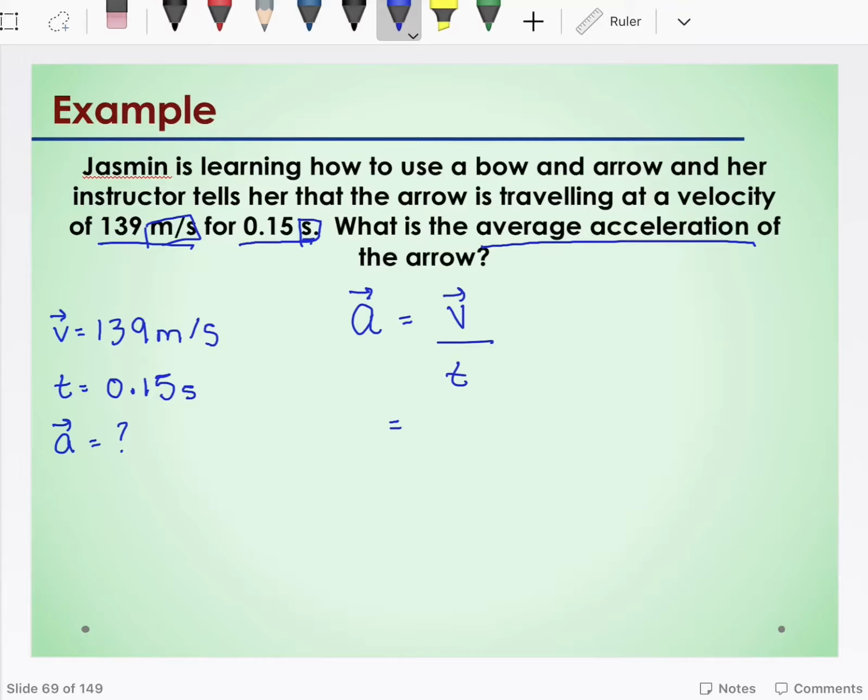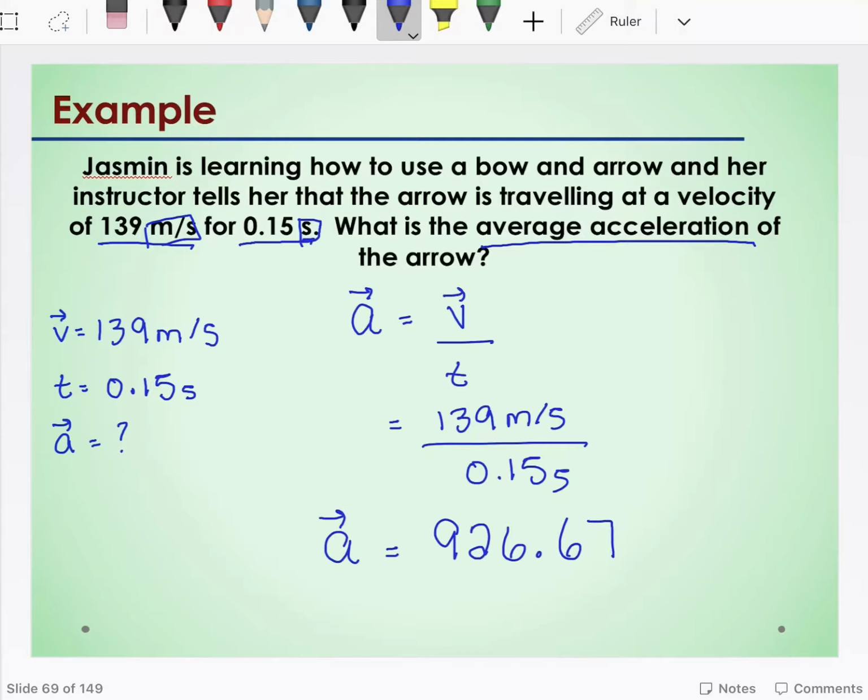So I plug in my numbers that I know, 139 meters per second divided by 0.15 seconds. Okay, I calculate that, and that leads me to 926.6 repeating, but I'm just going to write 0.67.